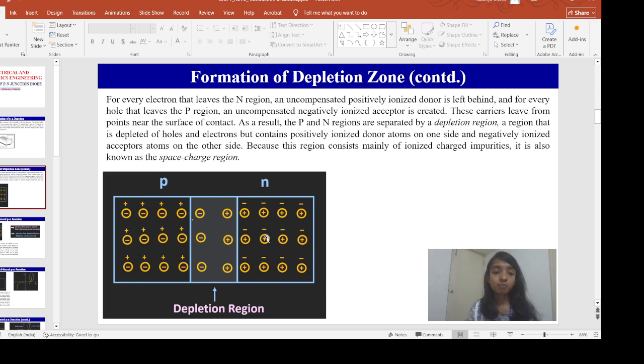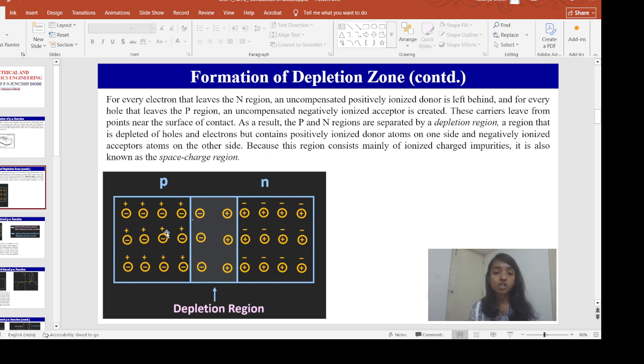Now when you join a p-type semiconductor and an n-type semiconductor, what will happen? The electrons from the n side will diffuse from the n side to the p side. I used a term here called diffuse. Diffuse comes from the word diffusion.